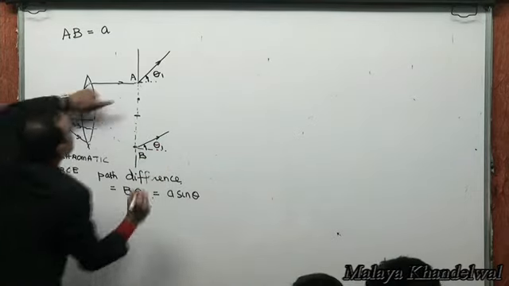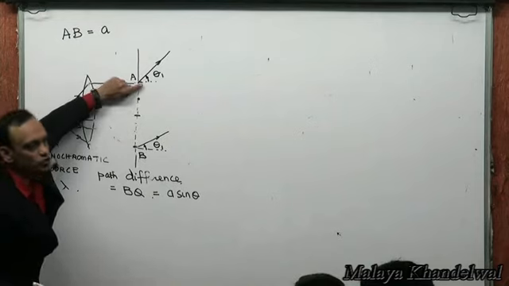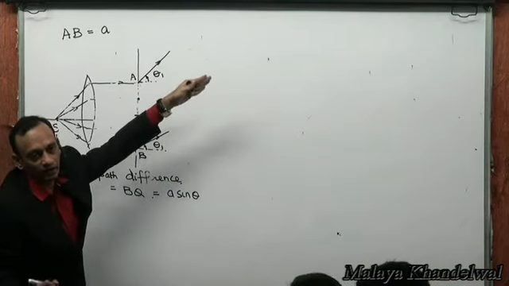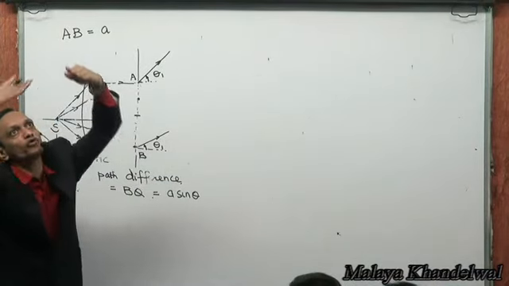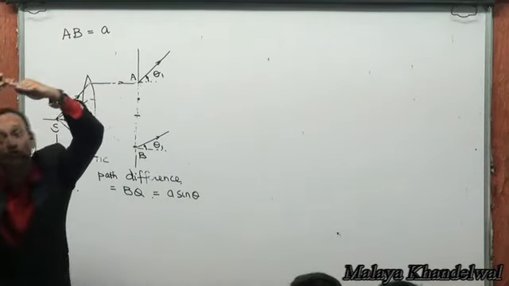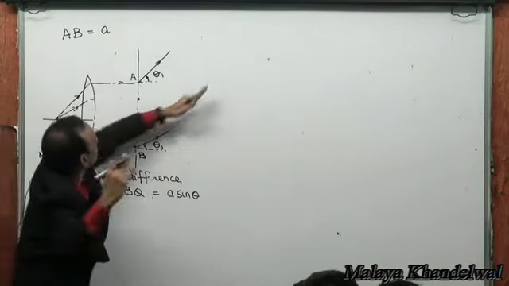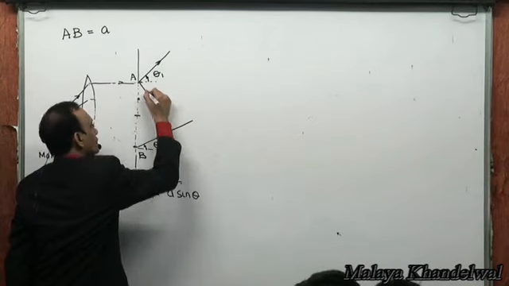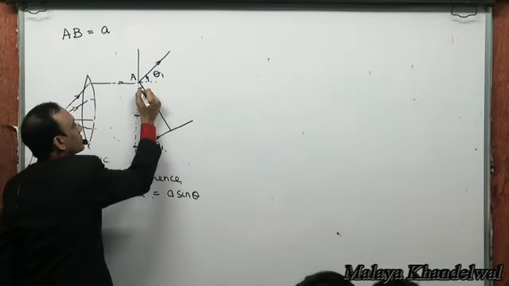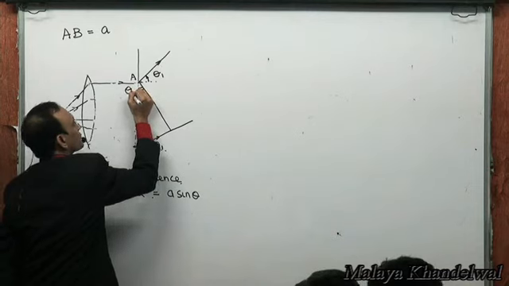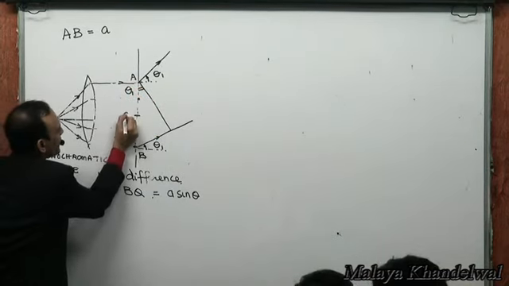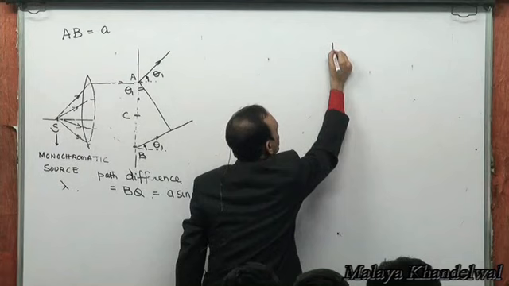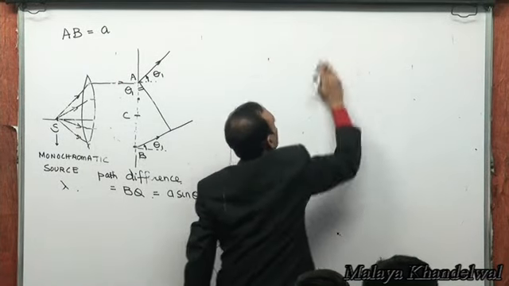All independent sources between A and B will produce rays diffracted at an angle theta 1, incident on the lens, eventually focusing at the same point on the lens which lies in the focal plane of the lens. Right? Now, this is theta 1. And let me break AB into two equal parts, AC and CB.